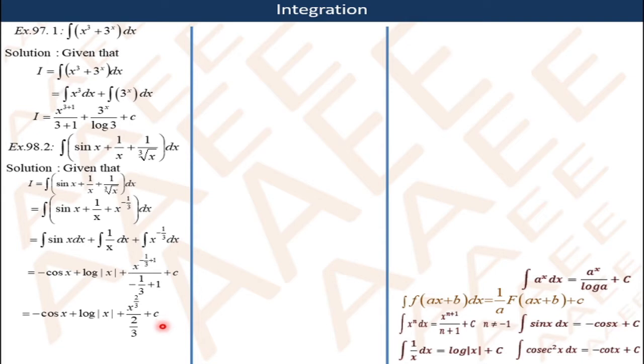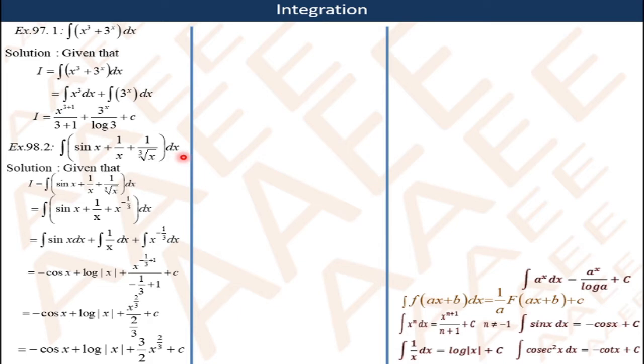Then by the law of fractions, 1 upon 2 by 3 can be written as 3 by 2, and hence the required answer is minus cos of x plus log of mod of x plus 3 by 2 x raised to 2 by 3 plus constant of integration c. This one is the required answer of the integral of sine of x plus 1 by x plus 1 upon cube root of x dx.